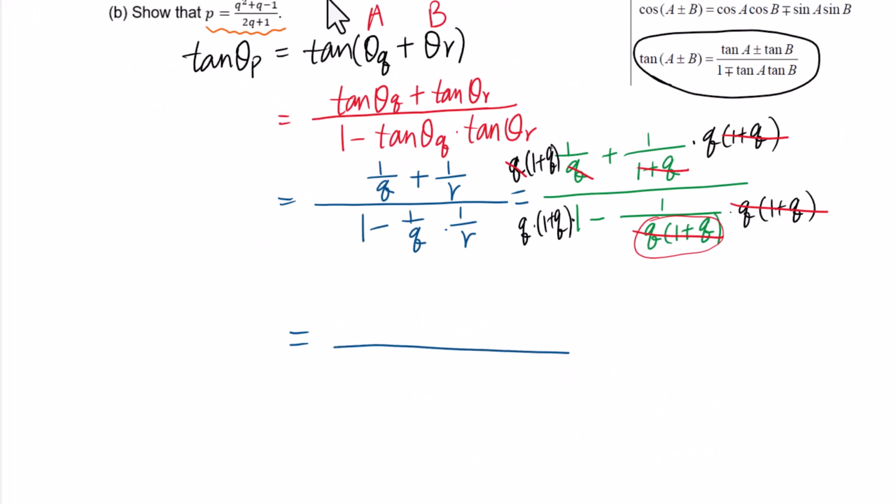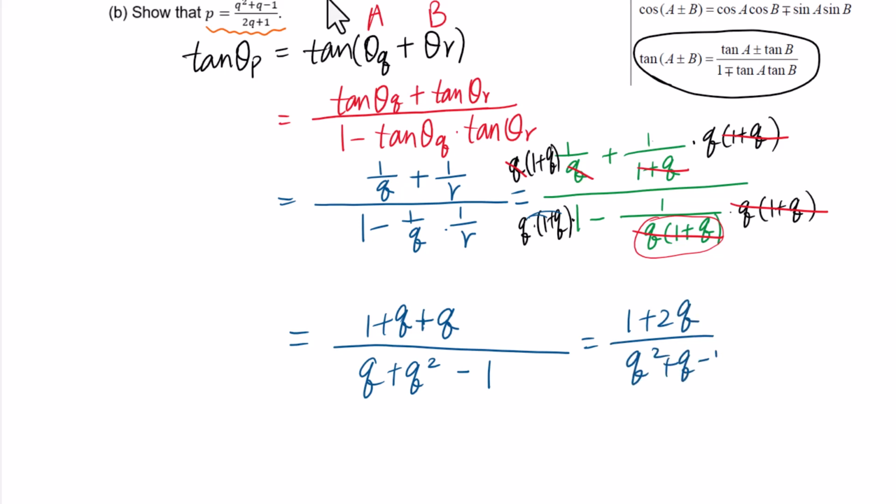Equals. First term, 1 times 1 plus Q is 1 plus Q. 1 times Q is Q plus Q. Denominator, Q times 1 plus Q. Do the distributive property, Q plus Q squared minus 1. Simplify: 1 plus 2Q over Q squared plus Q minus 1.